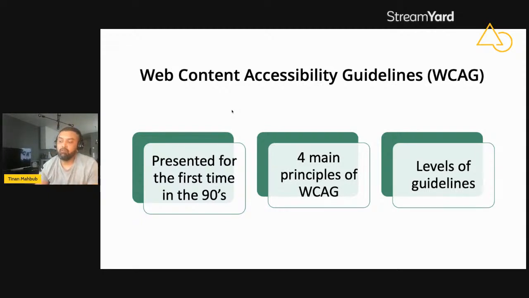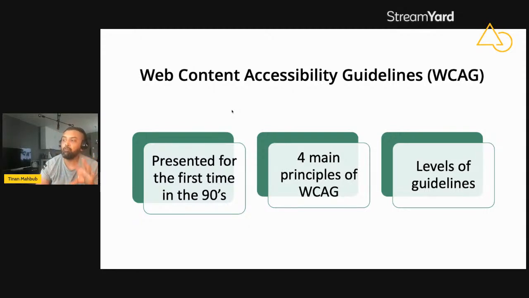It was presented for the first time in the late 90s in the United States. After that, it has spread pretty much all over the Western countries, in Europe, even South America, North America, of course Canada, all over. And now the UN has a department that only works with WCAG.